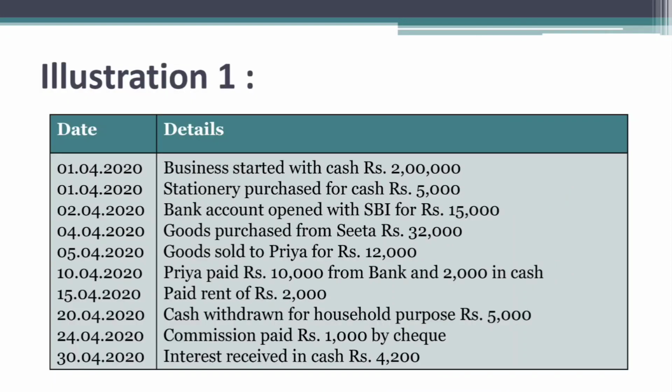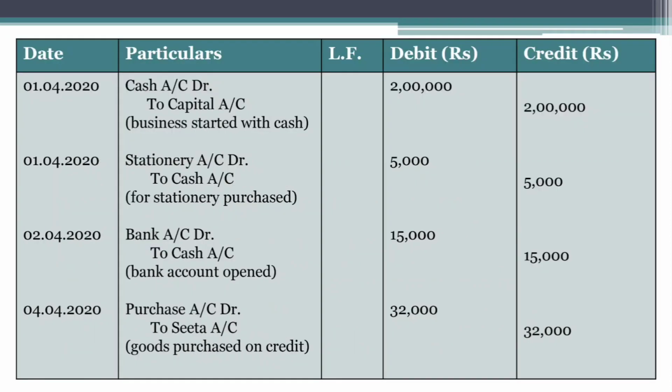Goods purchased from Sita Rs 32,000. In this case, stock is moving into the business, which denotes an increase in asset. So we debit the purchase account with Rs 32,000. Also, we mentioned narration for each of the business transaction.